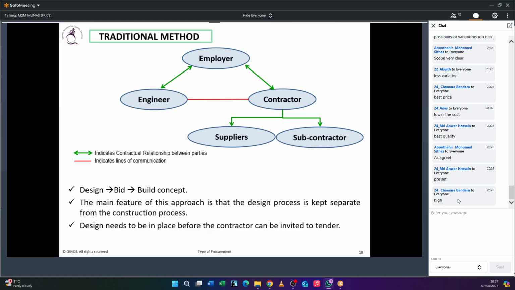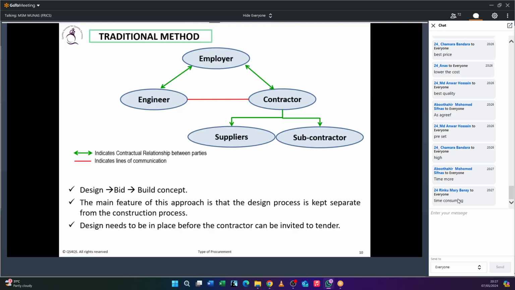Okay, it won't be less quality. The client will go for his preferred level of quality. So good. Now tell me, what is the disadvantage here? Yeah, it takes time. It takes time because you have to do the design, then you have to wait for a tender and then construction begins. So if you want to do fast track, this is not the route.